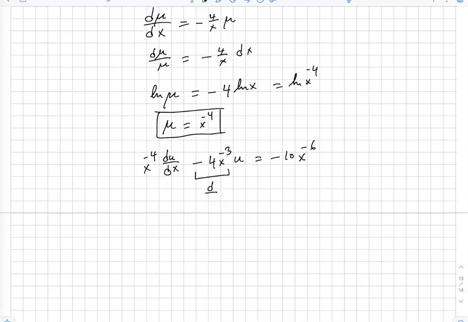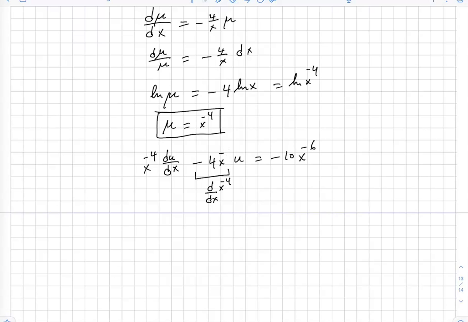This can be written as d/dx of x to the power negative 4. You see, d/dx of x to the power negative 4 is negative 4 times x to the power negative 5.